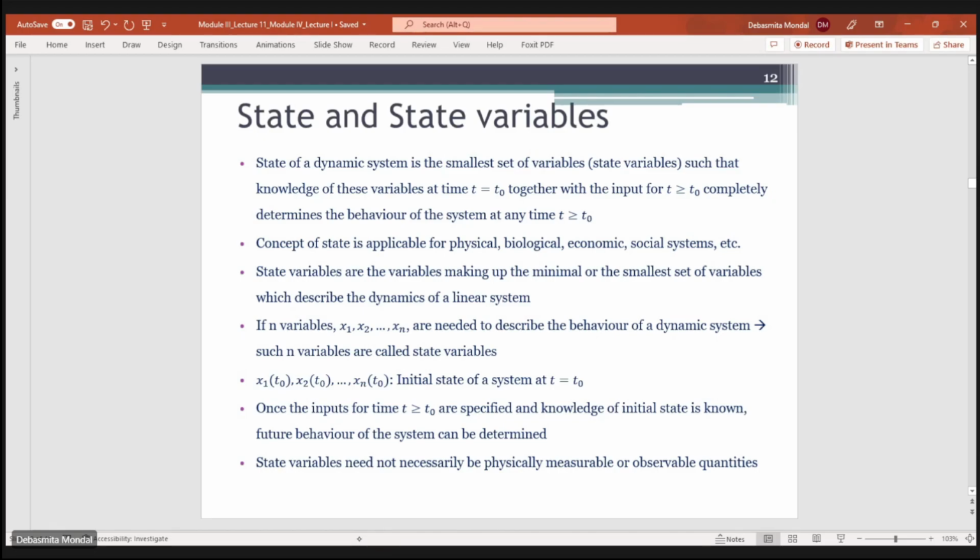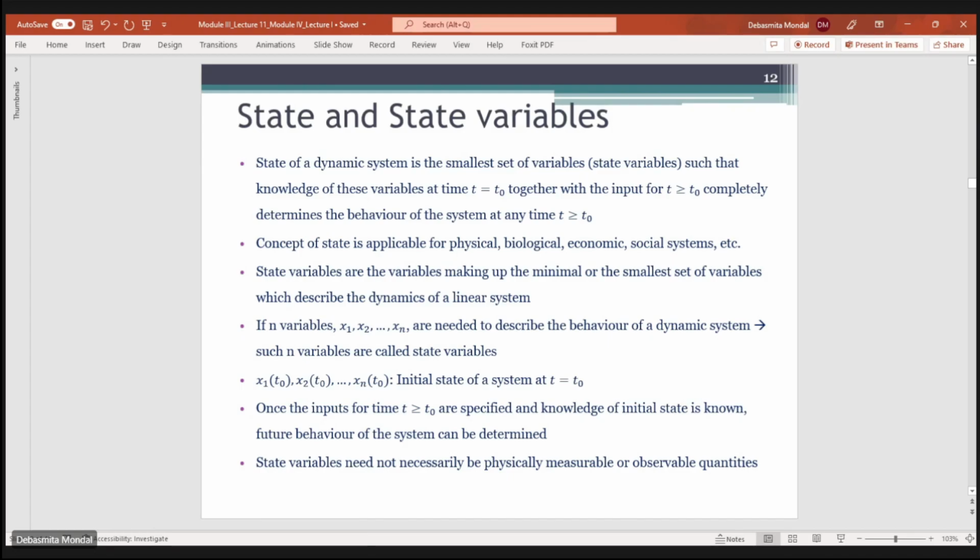Let's say you have n state variables, given as x1, x2 till xn. If n variables are needed to fully describe the behavior of the dynamic system, then we say these n variables are called the state variables, and this value of n is the minimum value.